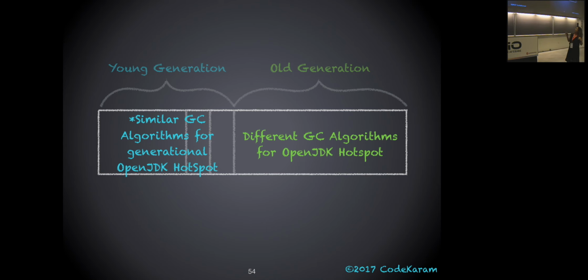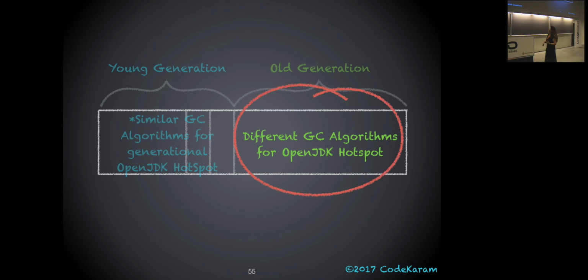So for all these generational collectors, you'll have similar GC algorithm for young collection, okay? The only thing that changes, so basically what I'm saying is between the Garbage First garbage collector, the throughput collector, and the concurrent mark sweep, or mostly concurrent mark sweep collector, the major change is in the old generation collection, okay?